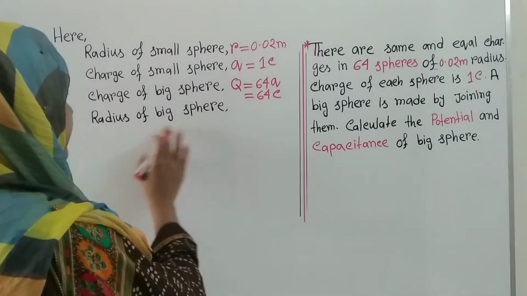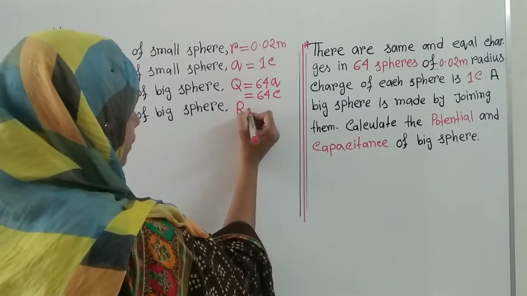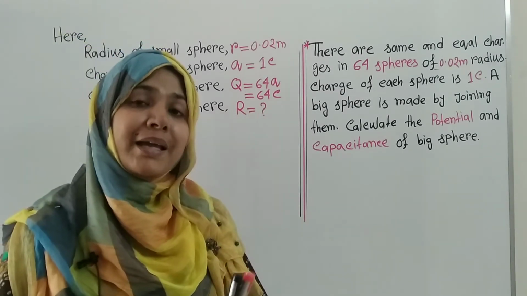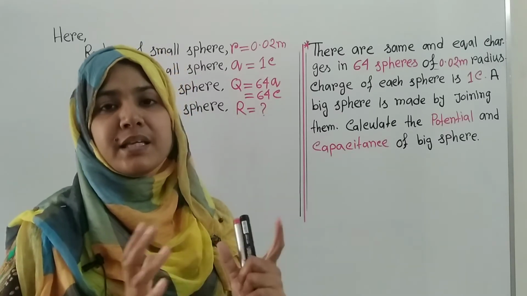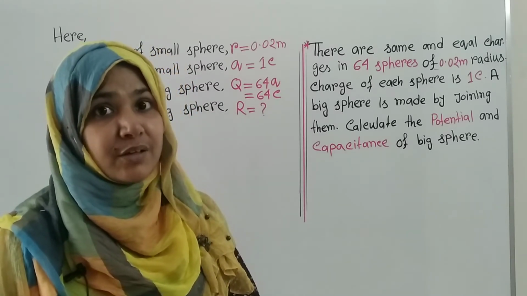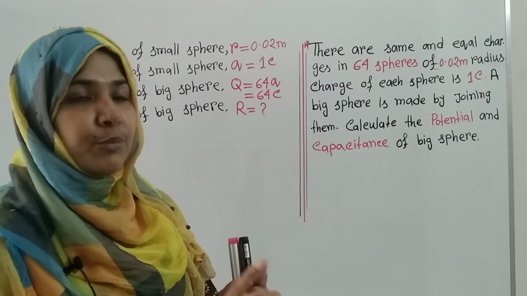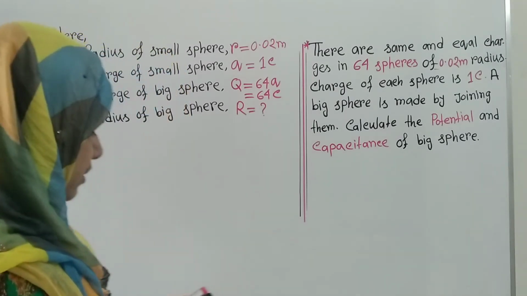Now the radius of the big sphere. Firstly I am going to calculate the value of capital R. From the question you have already learned that by adding 64 small spheres we are going to make a big sphere. That means we can say that the volume of the big sphere will be equal to the volume of those 64 spheres. So we can write that.